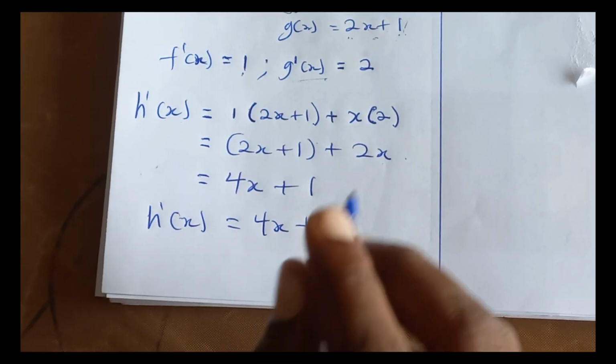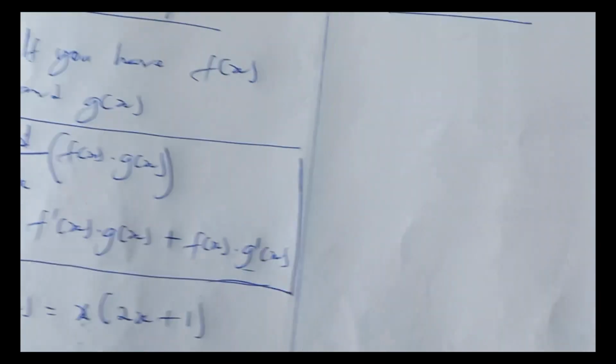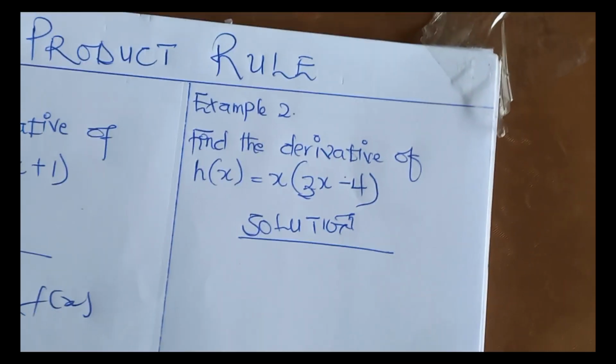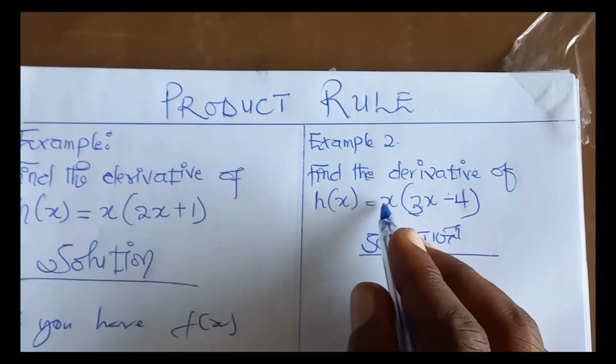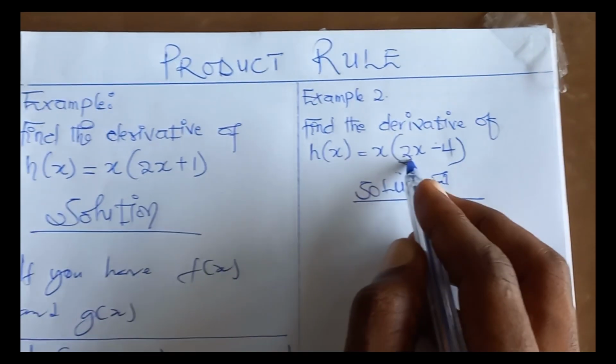Good. Now let us solve the second problem. We have to find the derivative of h of x is equal to x into bracket 3x minus 4.